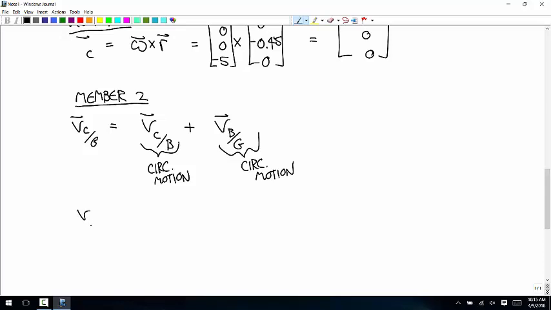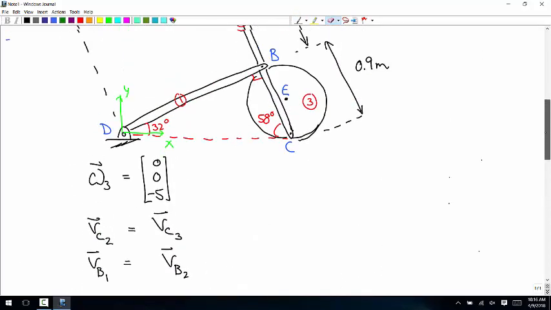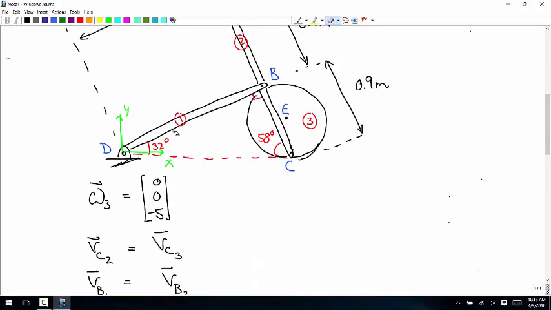So the velocity of B relative to the ground is omega cross r. What we want there is the angular velocity of 1.